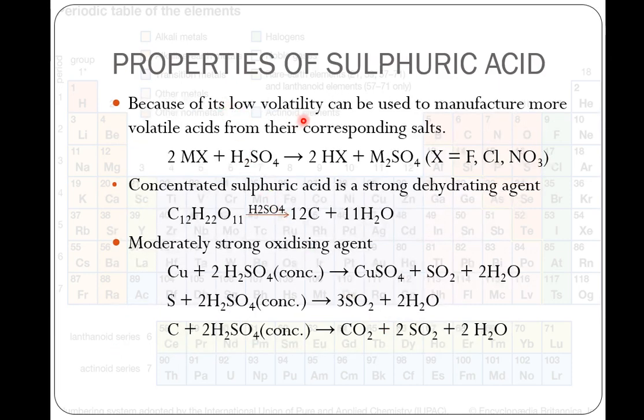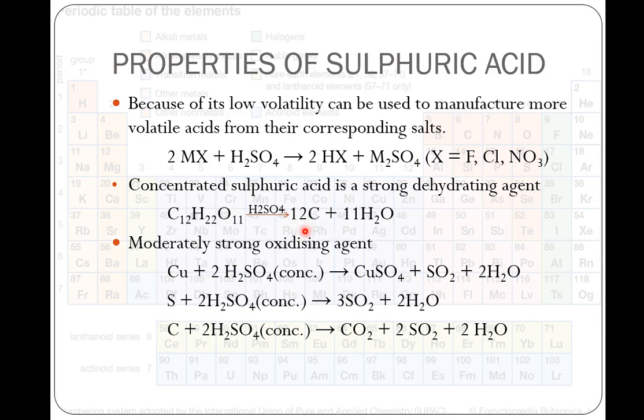Because of its low volatility, it can be used to manufacture more volatile acids from their corresponding salts. For example, metal halides on reaction with sulfuric acid give hydrogen halides. These are the more volatile acids. Concentrated sulfuric acid is also a strong dehydrating agent. If you put concentrated sulfuric acid in sugar, the sugar will get charred.